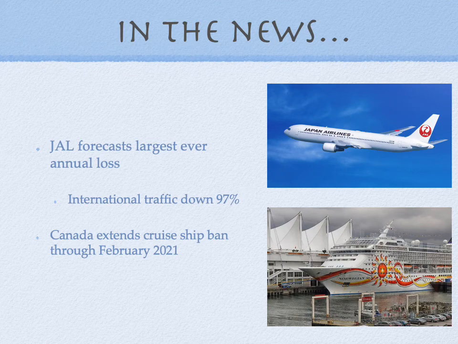As well, a couple of stories. It's no surprise that the airlines have been one of the hardest hit parts of the travel industry. And this particular story shows Japan Airlines, or JAL, with its largest ever annual loss, with international travel down 97%.